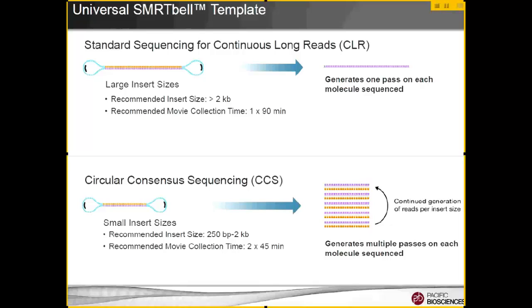The other thing is to intentionally use short inserts. So what will happen is that it'll keep reading around and around and around, and what it will give you, as you see down here, is you'll get multiple sequencing runs of that same piece each time, the strand and its complement and the strand and its complement.